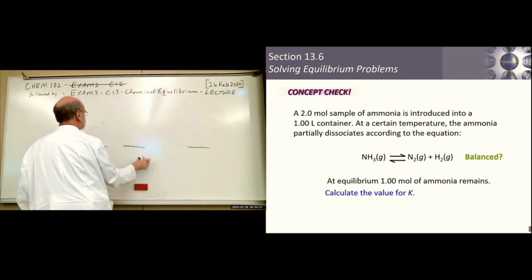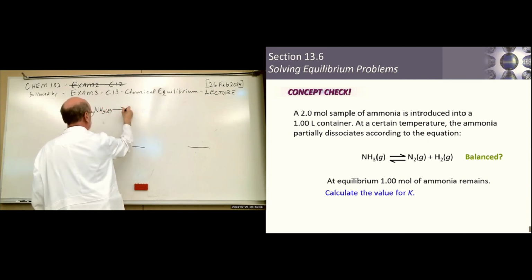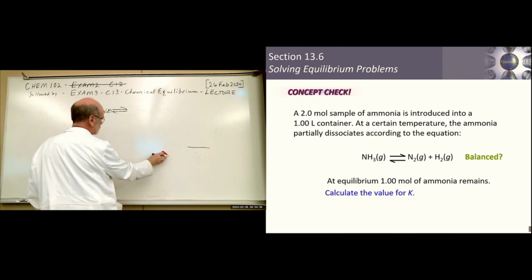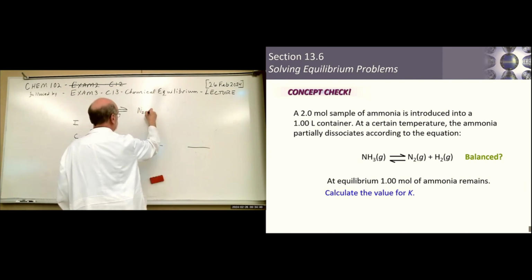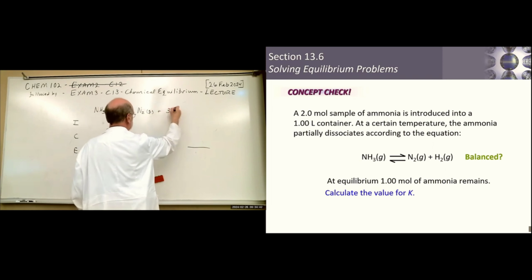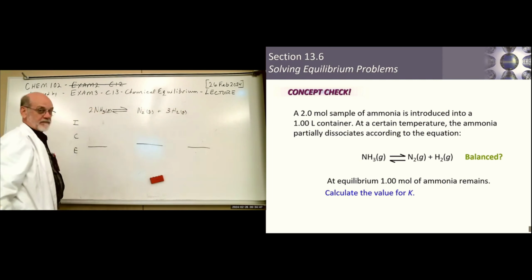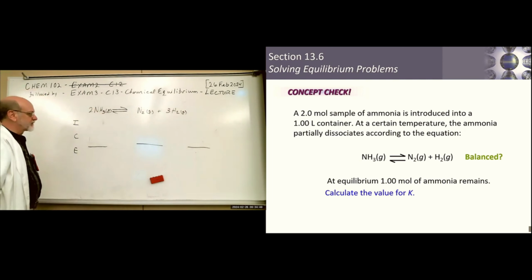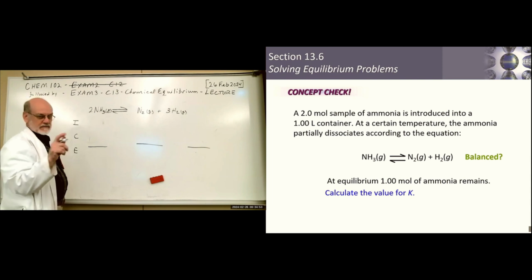Let's try that again. So this one would be ammonia. And this one would give us nitrogen gas plus hydrogen gas, like that. Now that's balanced. And we're starting off with 2 molar.